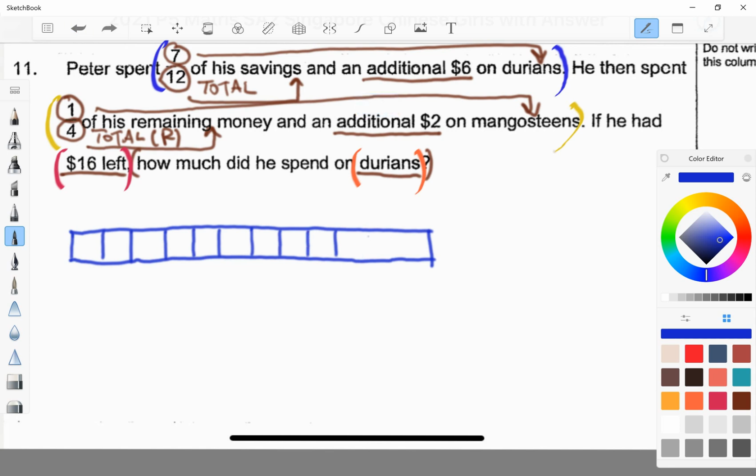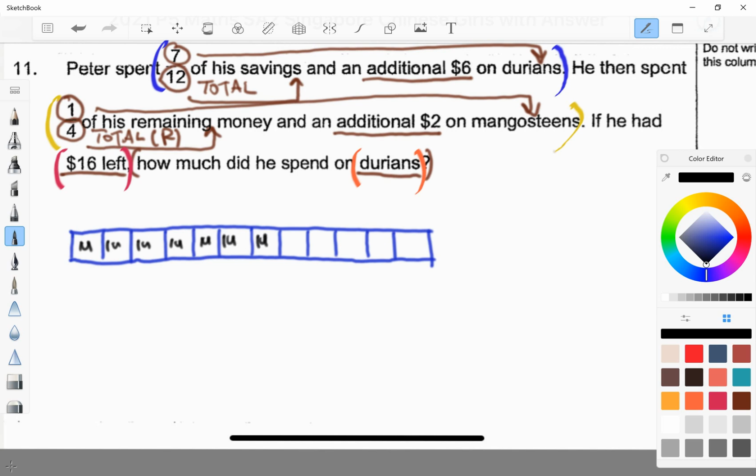And remember, boys and girls, please use pencil when you are drawing your model. Okay, very important pro tip, use pencil, do not use pen. So 7 out of 12 of his savings, so I will count out 7 units. 1, 2, 3, 4, 5, 6, and 7.